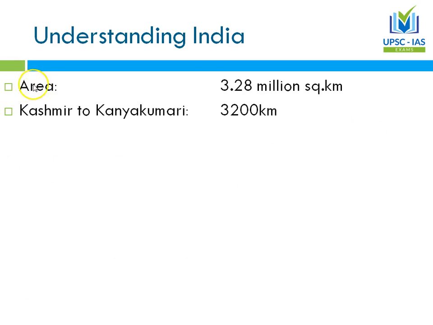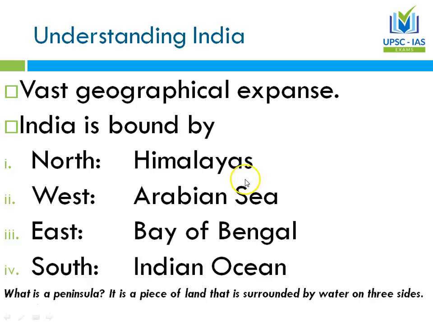Now, from Kashmir to Kanyakumari, it stretches 3,200 kilometers. And from Arunachal Pradesh to Kutch, it is 2,900 kilometers.